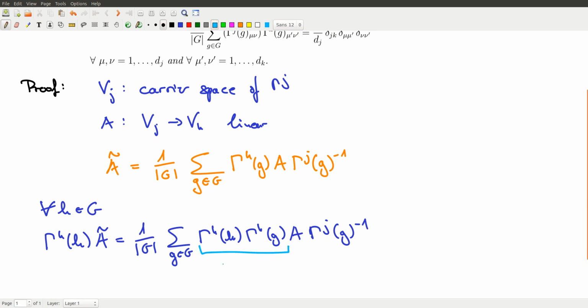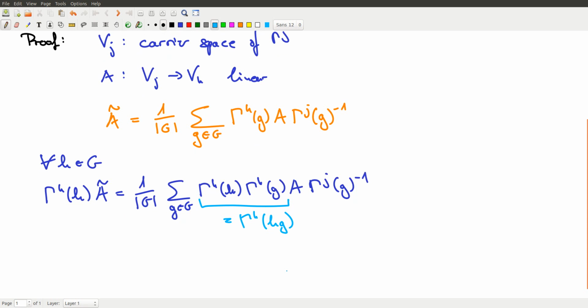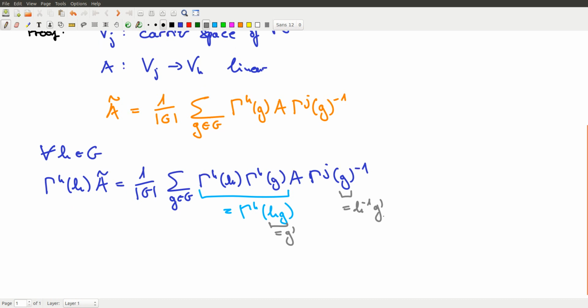Now gamma k is a representation, so here we have gamma k of h g. And now instead of summing over all g, we can also sum over all hg. So let's give hg a new name and call that g prime. And then the g here is just h inverse g prime.